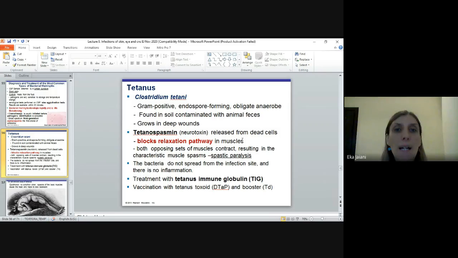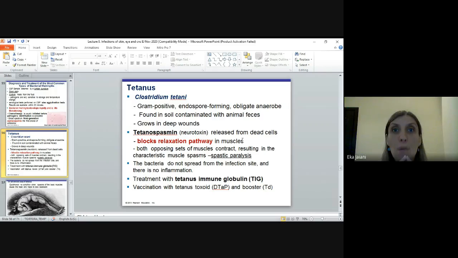And Clostridium tetani grows in the wound locally, in the damaged area, and produces the neurotoxin tetanospasmin. This neurotoxin enters the neurons and moves to the CNS as well, and it blocks relaxation of the muscle.